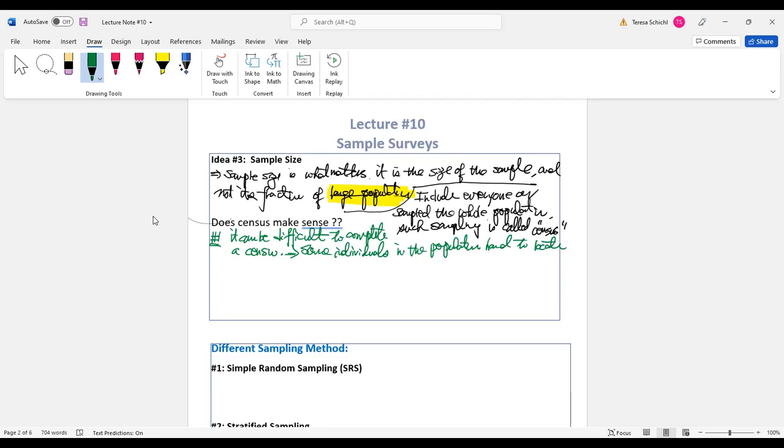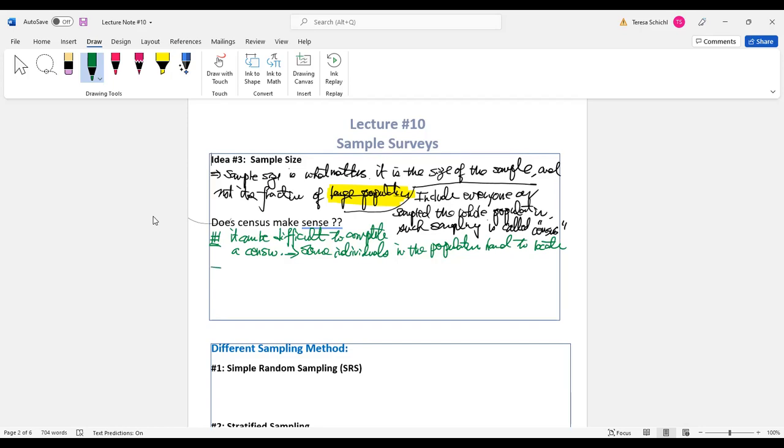Or sometimes we say it's impractical, it's too expensive. So the number one problem when doing a census is that it is very difficult to complete, especially if your population is big. It's very expensive, and sometimes you cannot even locate everybody in the population.